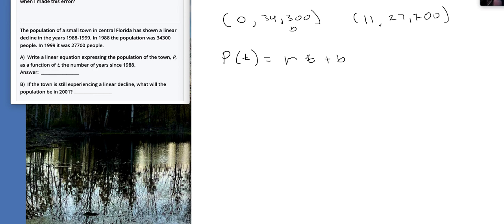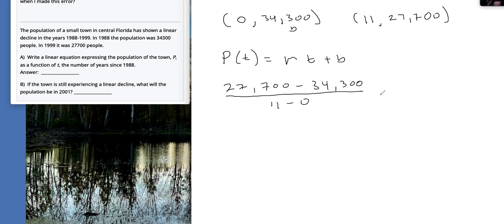And then the other thing that we have to figure out is what our slope would be. So let's pop down here and do that. So we'll do our y2 minus our y1. So 27,700 minus 34,300 over 11 minus 0. And let's see what that comes out to. 27,700 minus 34,300.